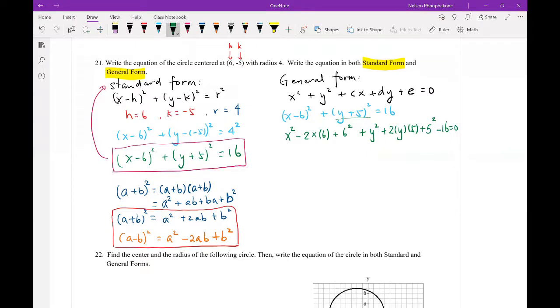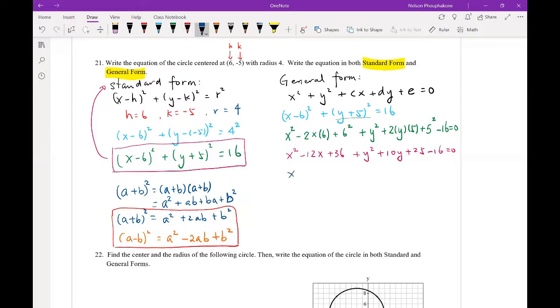And now, let us simplify this. So I will have x squared minus 12x plus 36 plus y squared plus 10y plus 25 minus 16 equal to 0. Okay. Now the equals to 0 is really important. So then now let us rearrange.